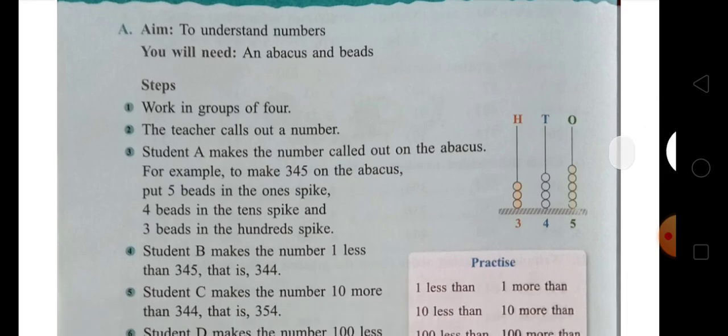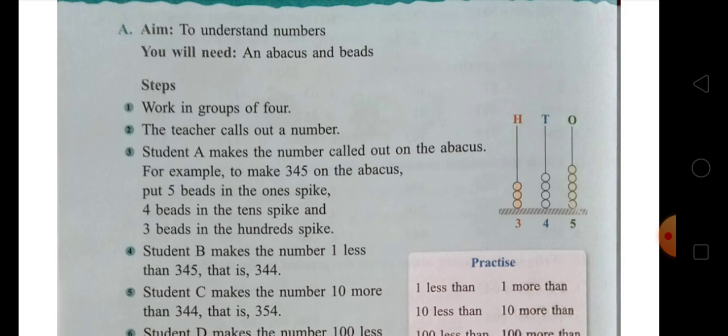Student A, the first student, works in a group of 4. The teacher calls out a number. Let the number be 345. Now the first student makes the number called out on the abacus.